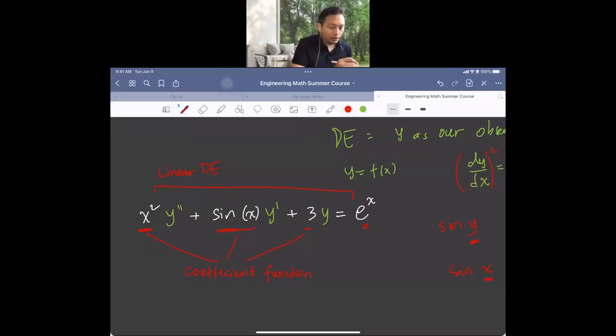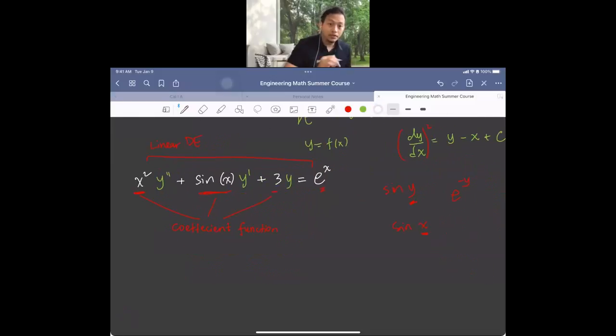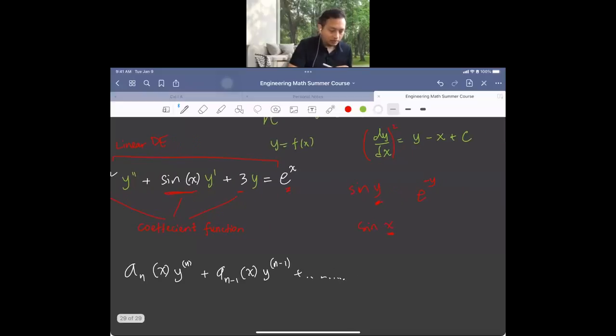Okay. Or if we want to write in a more general form, we can write a_n of x, and this is the derivative, not the power, how many derivatives you have, and then plus a_(n-1) of x, y^(n-1), and then plus, I'm trying to include all that is possible to have, a_1 of x, y prime plus a_0 of x, y, and equal b of x.